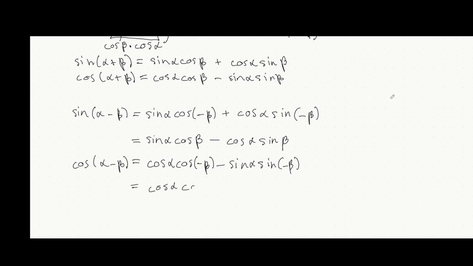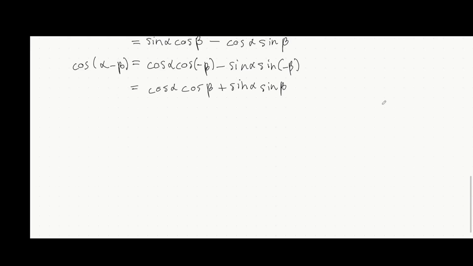So eliminating the sign of the angle for cosine, but flipping the sign for the sine function. Okay, so now we have the angle sum and difference formulas for sine and cosine, which we can write more compactly just using plus or minus.